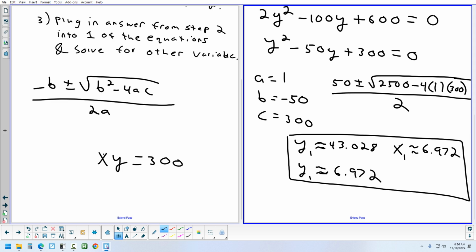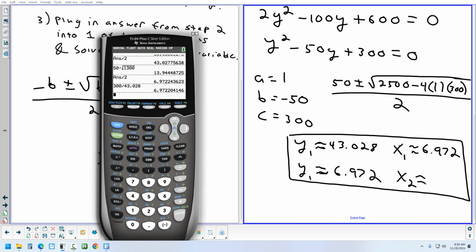Anybody have a guess what I'm going to get for x2? Yeah, let's check it. Take 300 and divide by your y. 6.972 is 43, well, 029. It should be 028, it's just rounding. But 43.029.